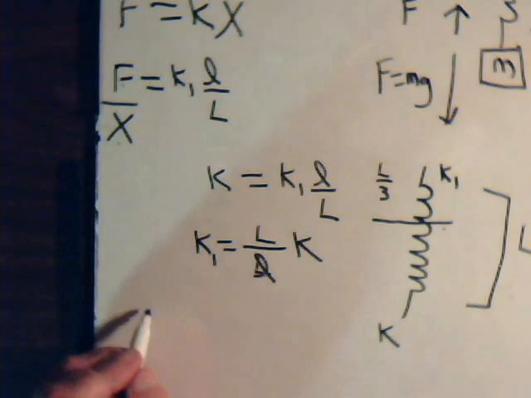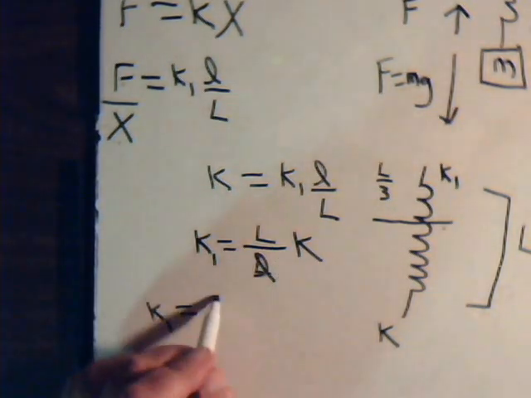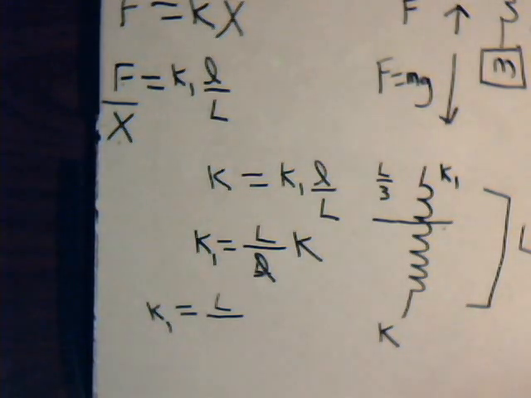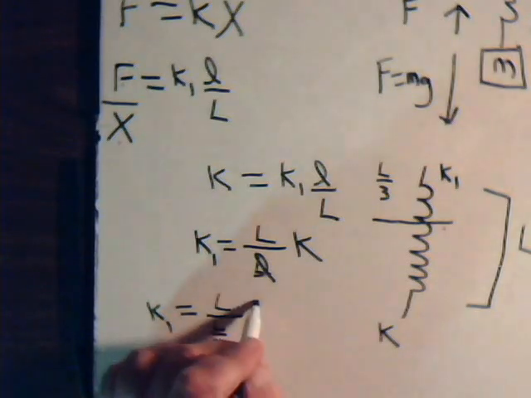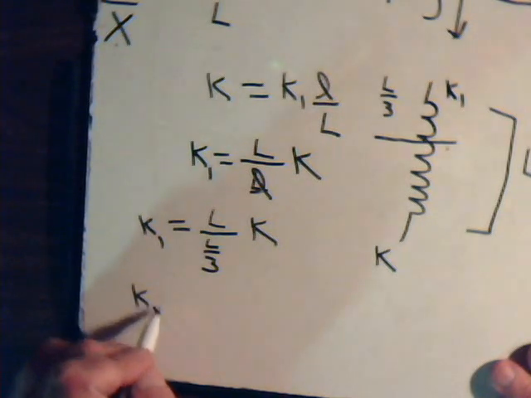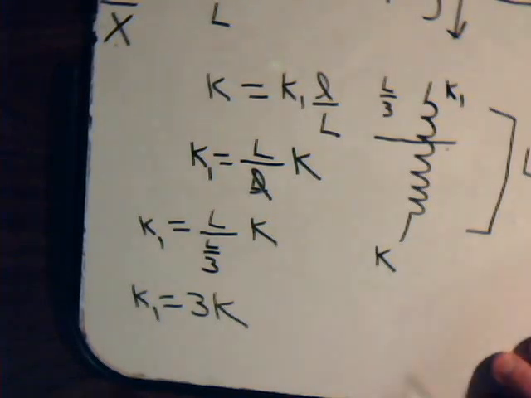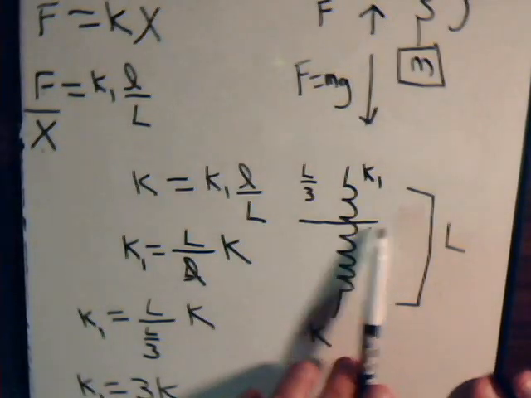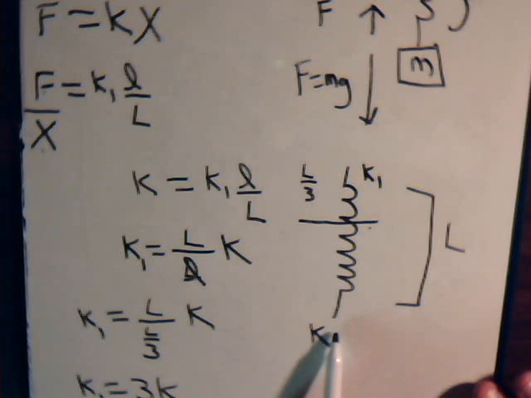So we have K1 equals L divided by small l, that's L over 3, times K, or we have K1 equals 3K. So if we take a third of the spring, then that spring would be 3 times as stiff as the spring of the entire length L.